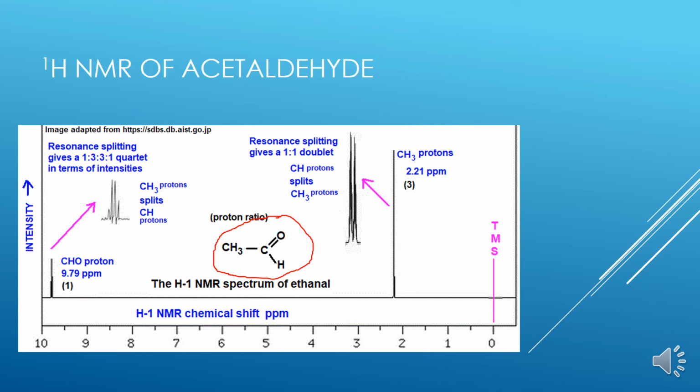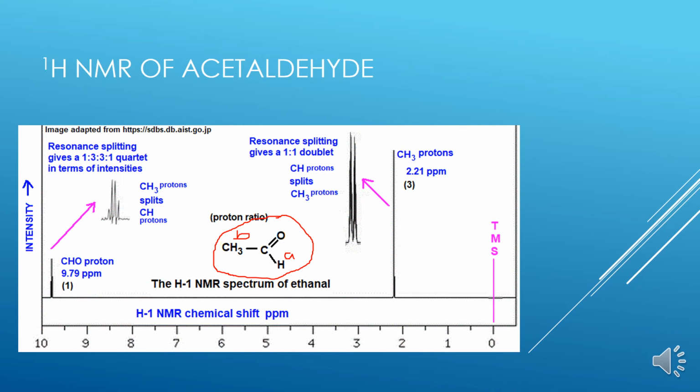One is the aldehyde proton, labeled as A, and the other is labeled B. So there will be two types of protons available, methyl protons and one aldehyde proton.